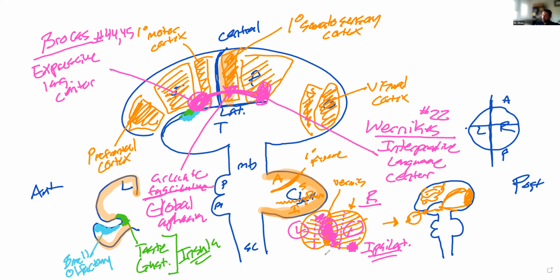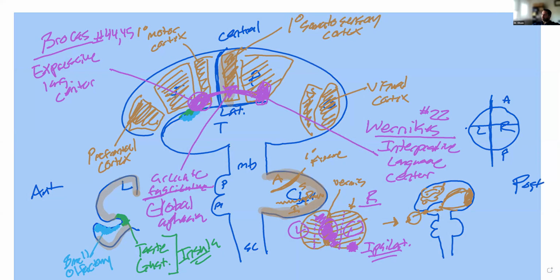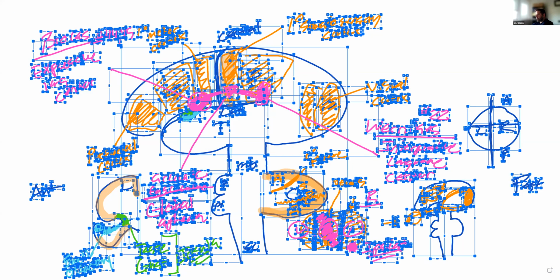Ataxia is problems with movement. So truncal is medial, and lateral is going to be falling to your same side as wherever your lesion is. And that will pretty much hit everything I want to say about the gray matter and what our cortexes are.